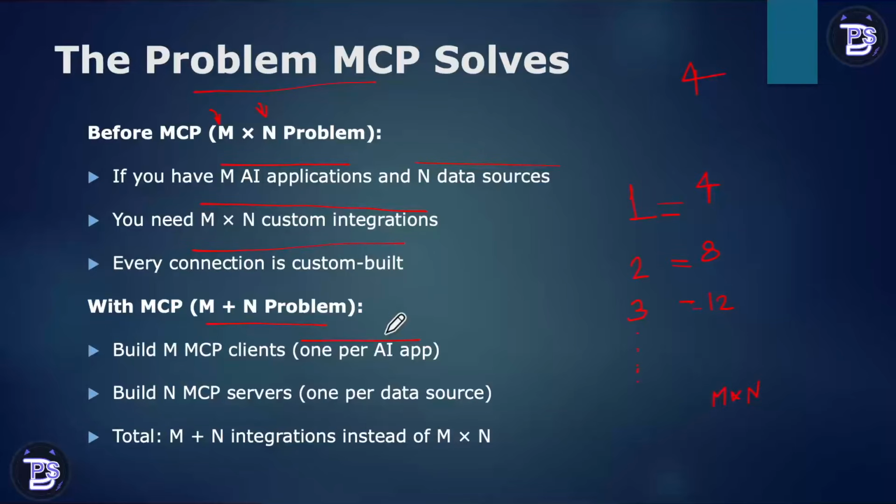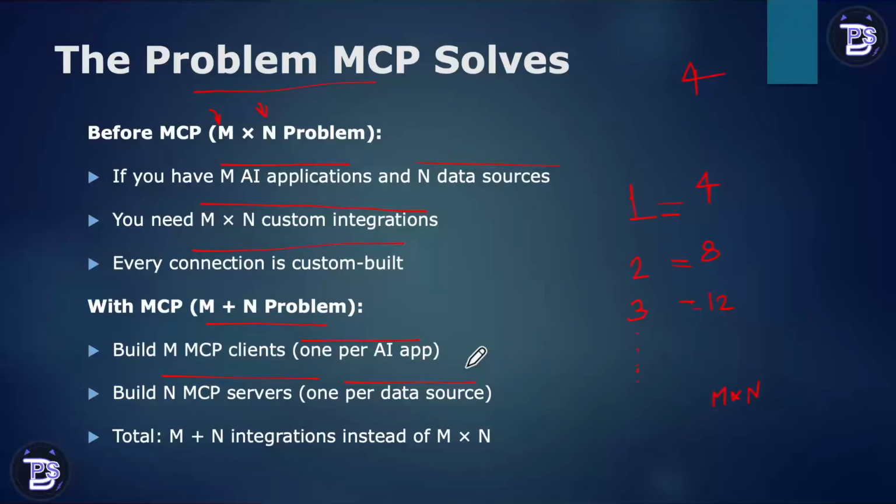Then you have DeepSeek, Google Gemini, Meta Llama, then Microsoft Copilot. There are multiple AI clients available that you can interact with. And then you have N servers. You just need to create one integration per server.